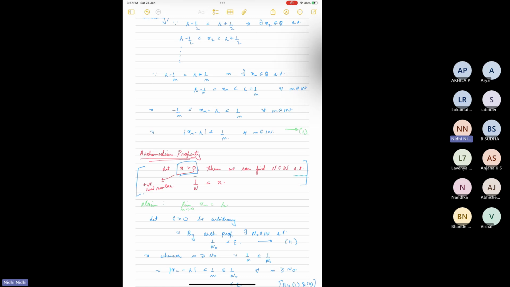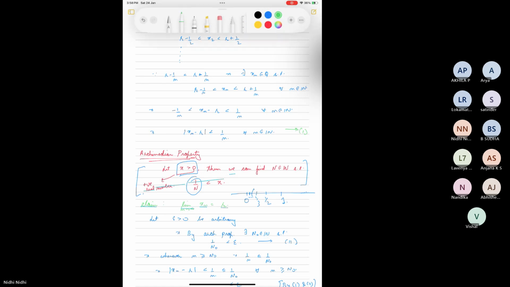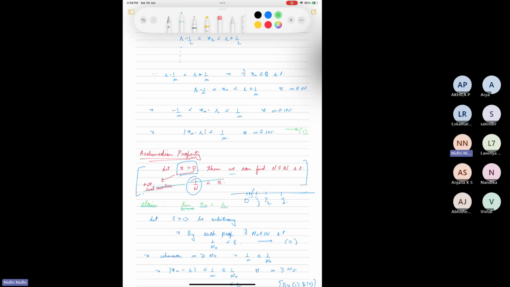You can notice that if n is a natural number, the numbers 1 by n are 1 by 1, which is 1, 1 by 2, then 1 by 3, and so on. No matter how small x is, we can always find a natural number such that 1 by n will be less than or equal to x.